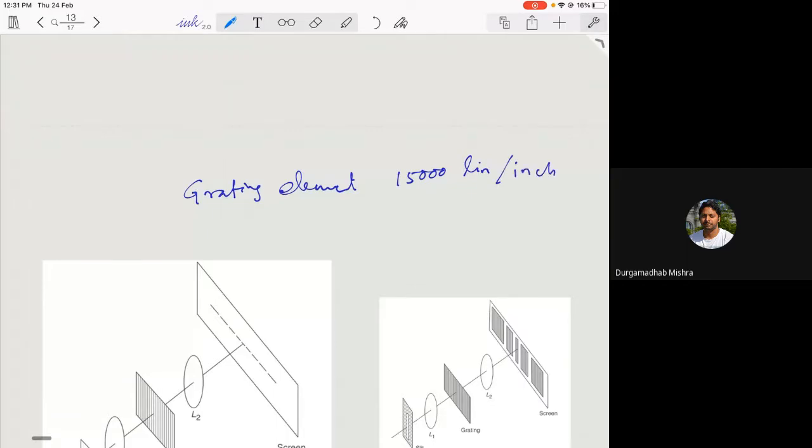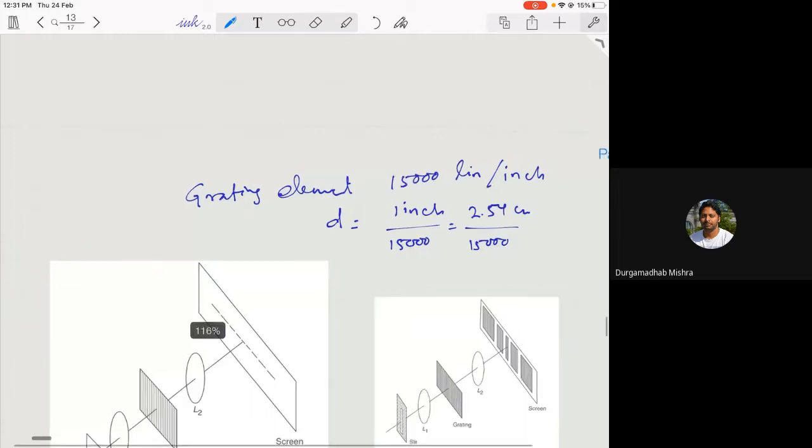In that case, the grating element d will be 1 inch by 15,000, which is 2.54 centimeter by 15,000. This is the distance between two adjacent slits in a grating, and 15,000 is basically how large n is. The larger the n value, the higher the resolution of your grating.